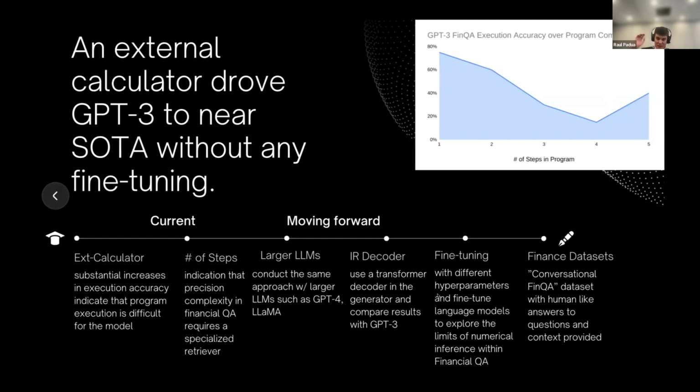Due to the limitations of the project, we couldn't fine-tune our LLMs, which can be very expensive, so we conducted everything within the constraints we had. And we believe we can contribute by building more finance datasets using this approach to build this end-to-end task, and contribute to the field and also the industry. Yeah, thank you very much.